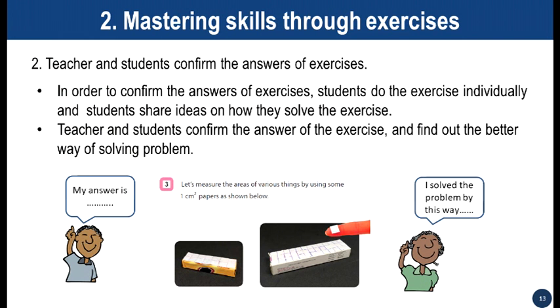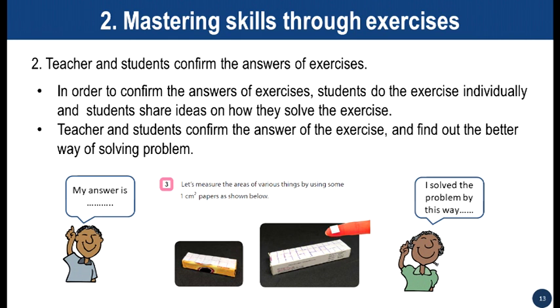Step 2. Teachers and students confirm the answers of exercises. In order to confirm the answers of exercises, students do the exercise individually and students share ideas on how they solve the exercise. Teacher and students confirm the answer of the exercise and find out the better way of solving the problem.